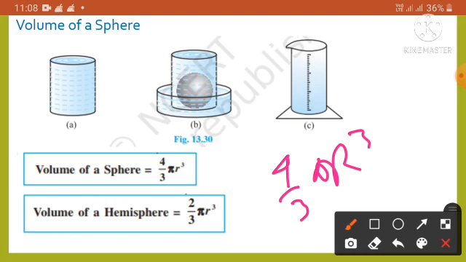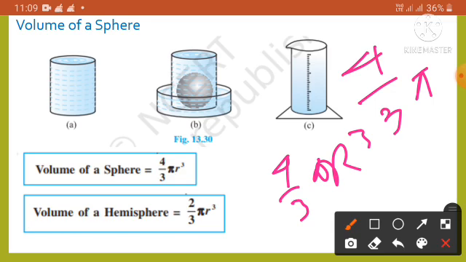So what does this tell us? We know that the volume of the sphere is the same as the measure of the volume of the water displaced by it. By doing this experiment repeatedly with spheres of varying radii, we are getting the same result, namely the volume of a sphere is equal to 4 by 3 pi times the cube of its radius.